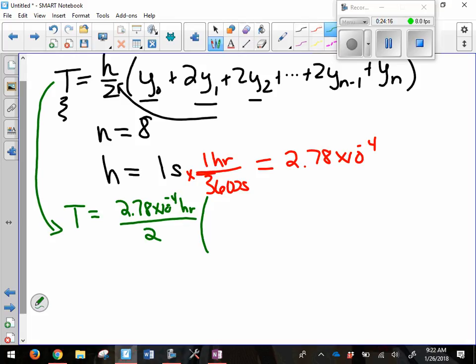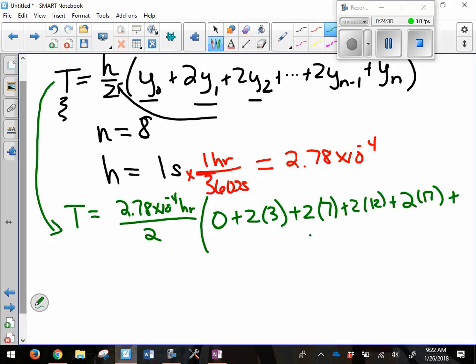Y0 is our first value, which is 0, plus 2 times our second value, which is 3, plus 2 times 7, plus 2 times 12, plus 2 times 17, plus 2 times 25, plus 2 times 33, plus 2 times 41, plus 48.